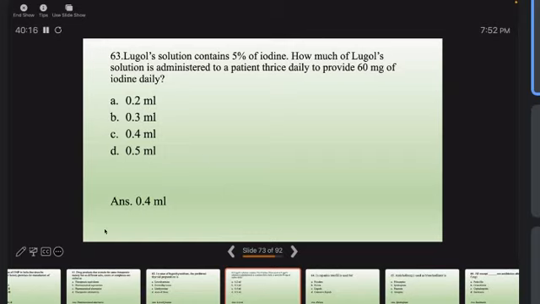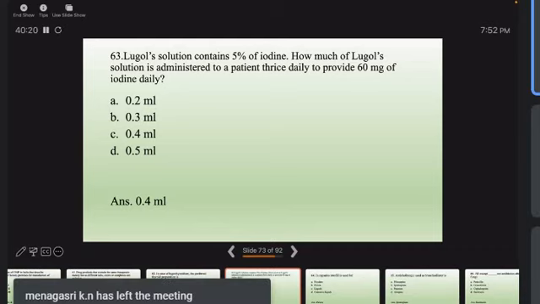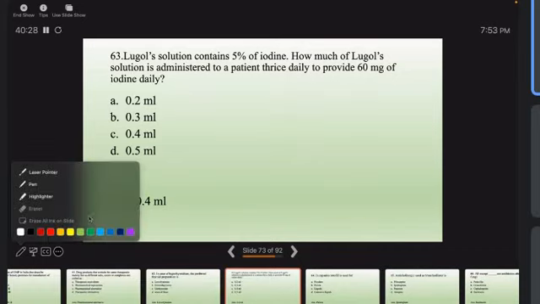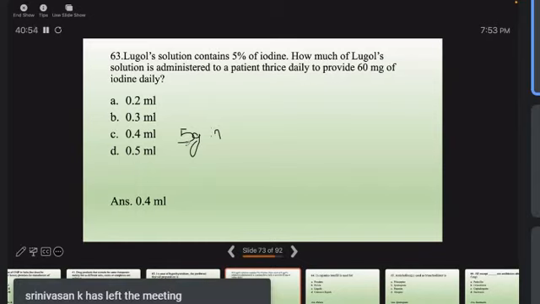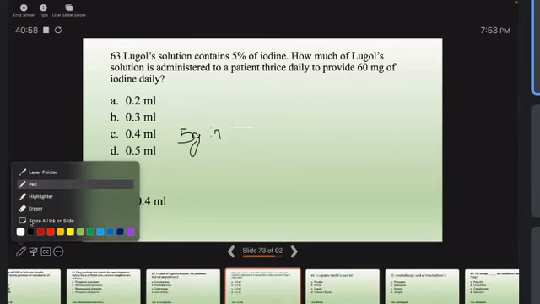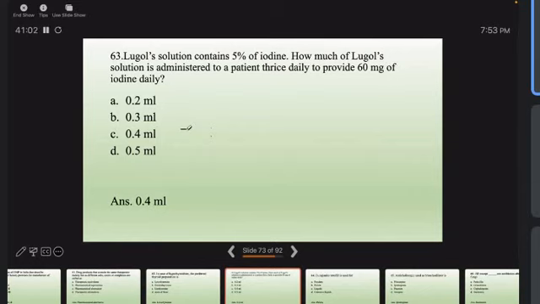So you can take 5 grams in 100 ml equal to 3 times 60 mg.